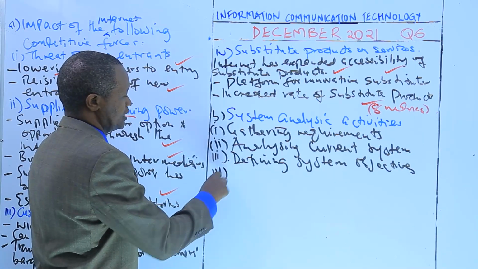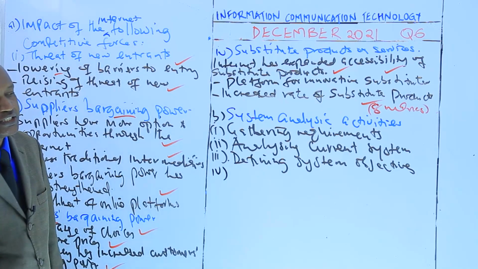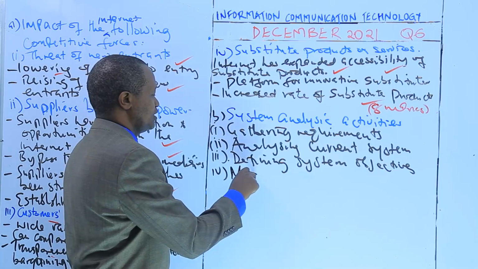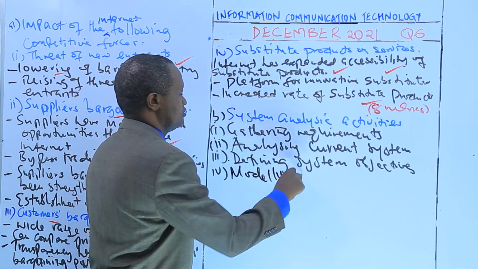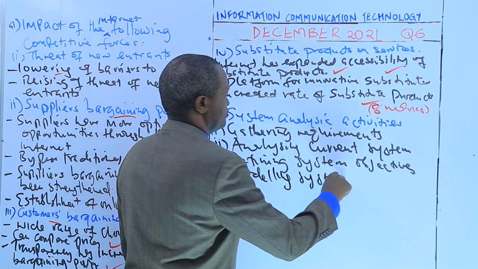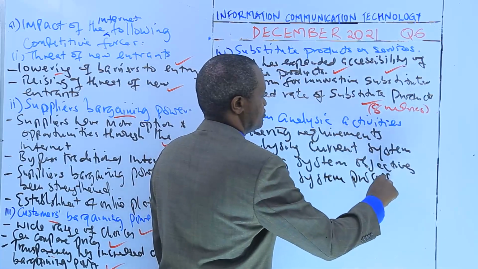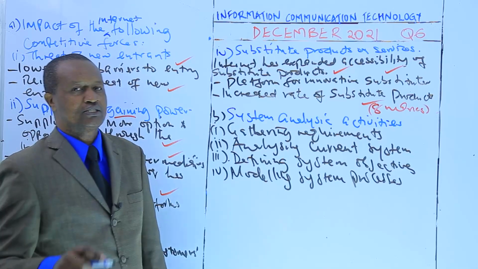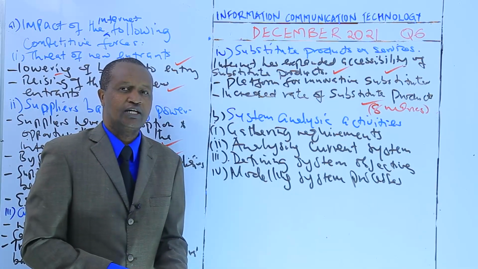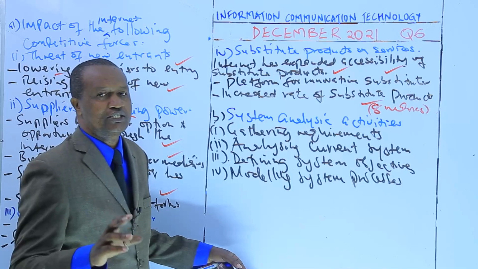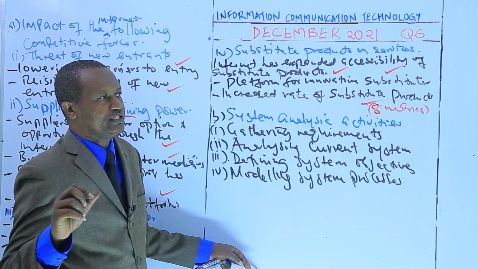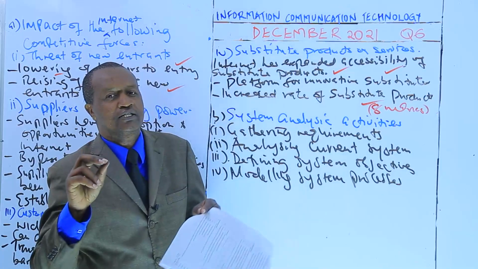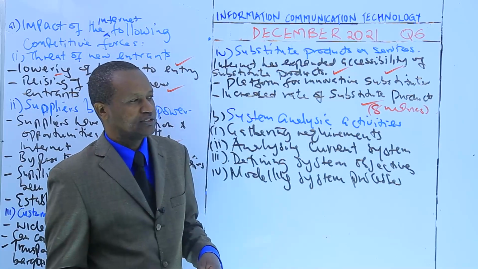activity. Activity number 4 is modeling system processes. There are process modeling techniques such as data flow diagrams.